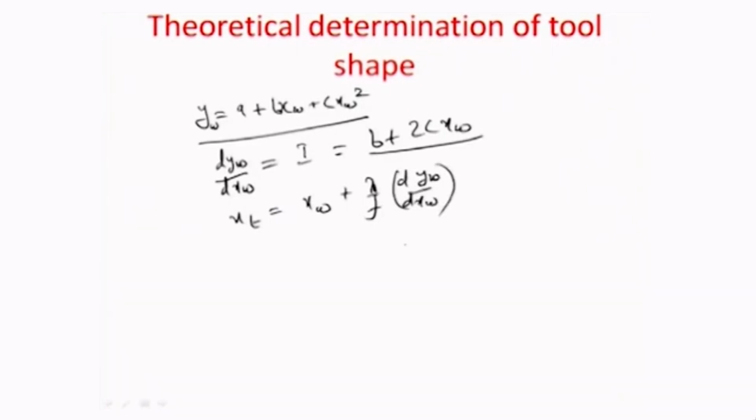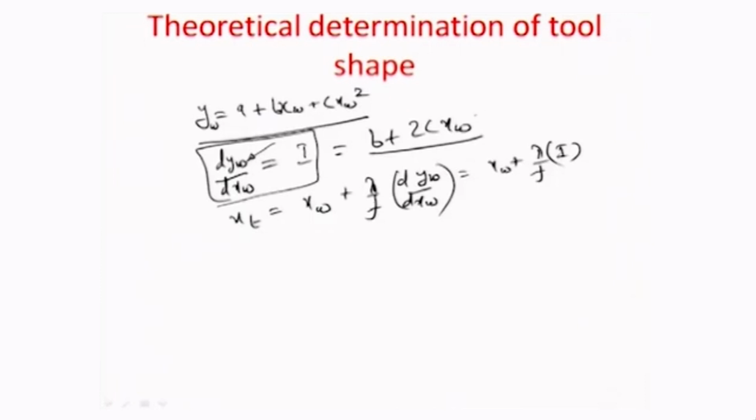The whole effort should be to convert this whole thing in terms of tool side coordinates xt and yt. So, we can write this as xw plus lambda by f times I. Remember, we have taken dyw by dxw as I.